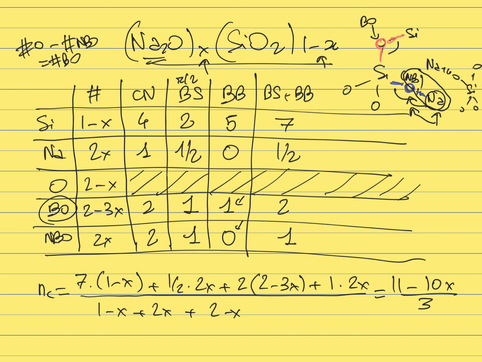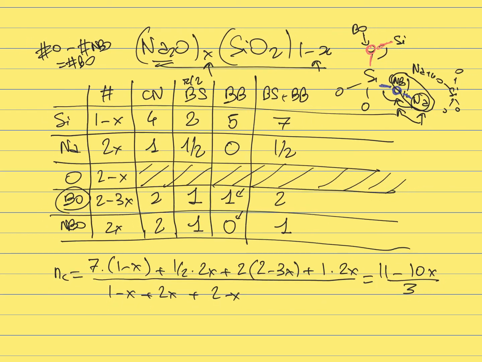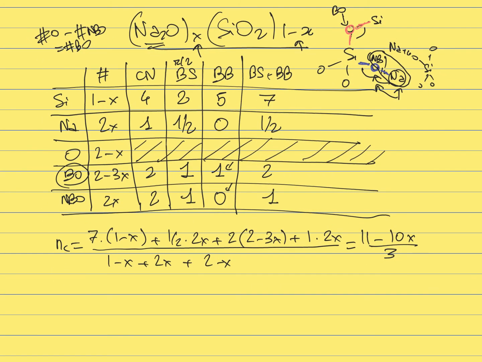So in this case, the number of constraints per atom depends on x, because depending on how much sodium oxide you have in the glass, that's going to change the average number of atoms that have different coordination numbers. So that's going to change the average coordination number. Here, the average coordination number of this glass depends on x. The more you increase x, the more you add Na2O.